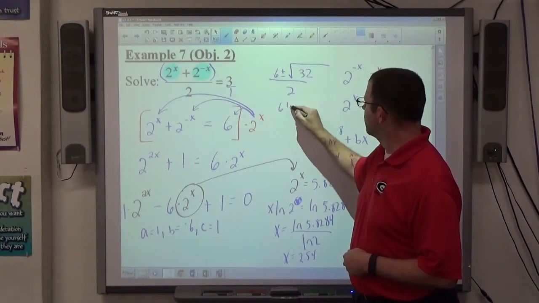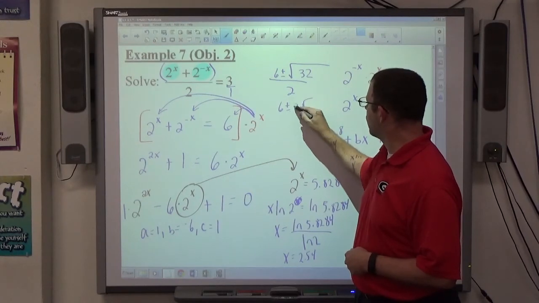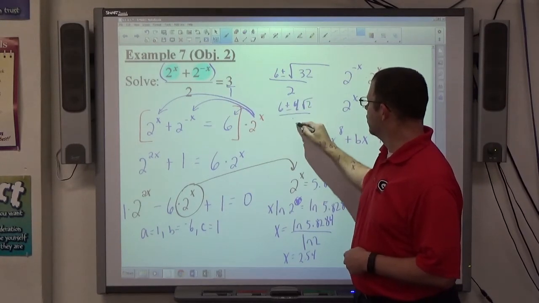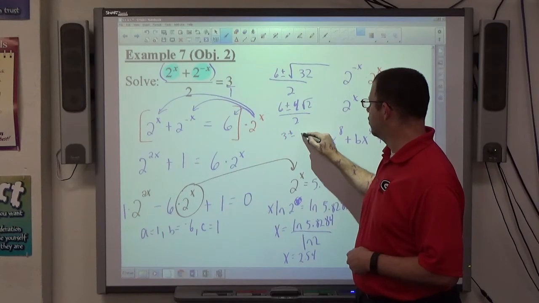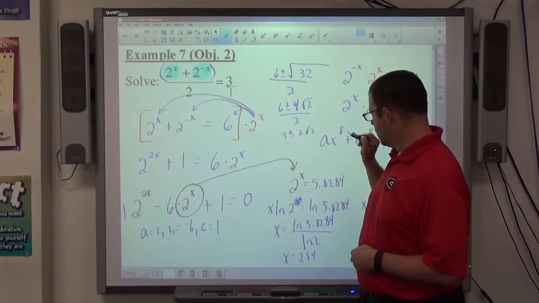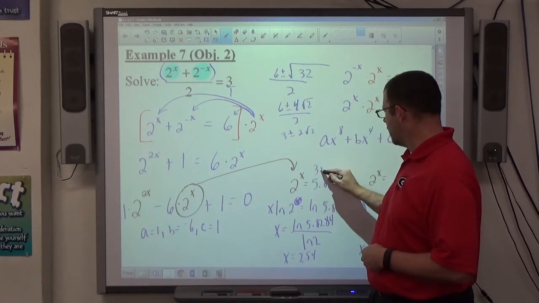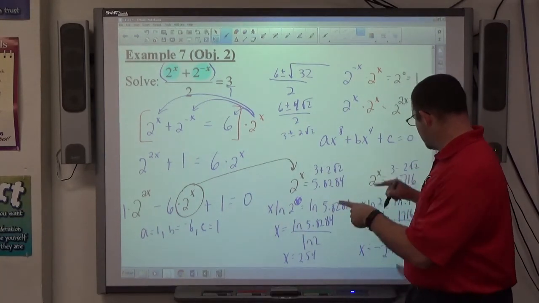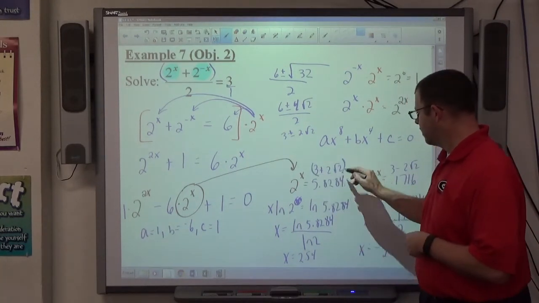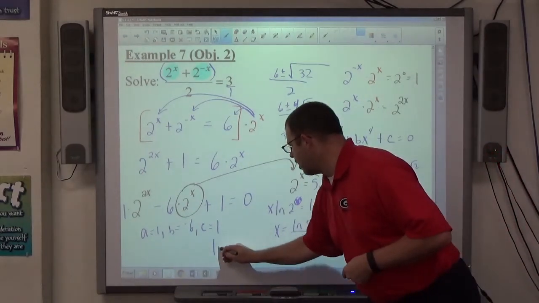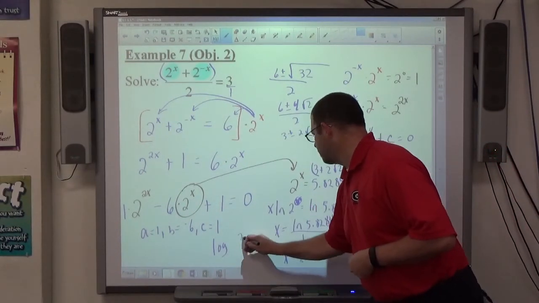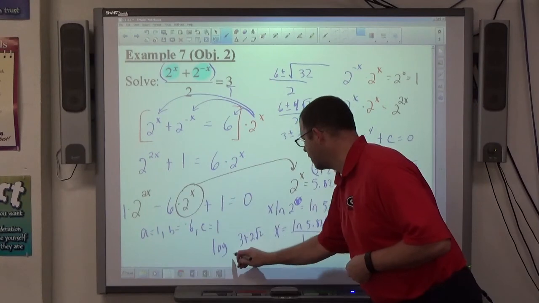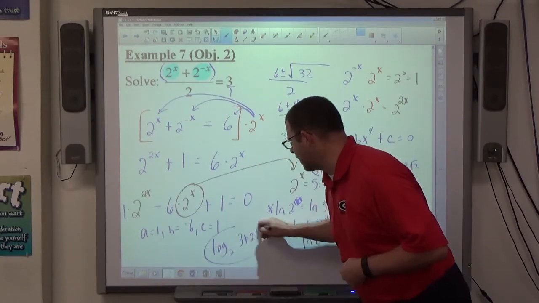That'll be 6 plus or minus, actually 4 times the square root of 2 over 2, which is 3 plus or minus 2 times the square root of 2. So that's 3 plus 2 times the square root of 2. That's 3 minus 2 times the square root of 2. So then if you log both sides, it would be log of 3 plus 2 times the square root of 2 base 2 would be the exact answer.